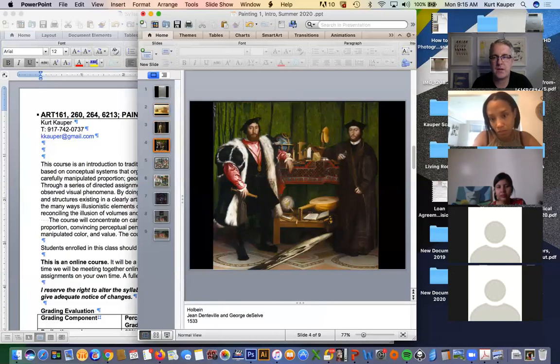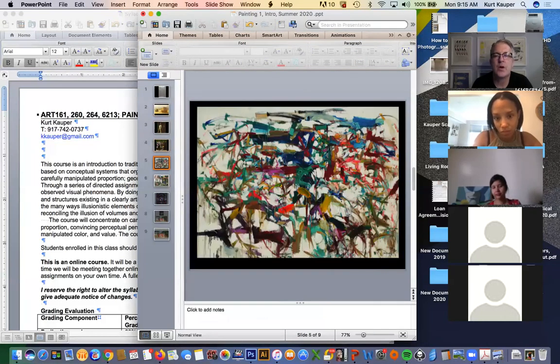This is a representational painting, like two ambassadors somewhere in Europe in the 16th century. What do we call this kind of painting? Representational is usually thought about in contrast to abstract.